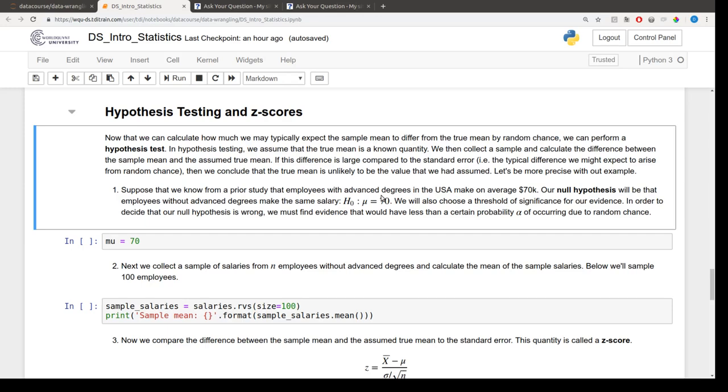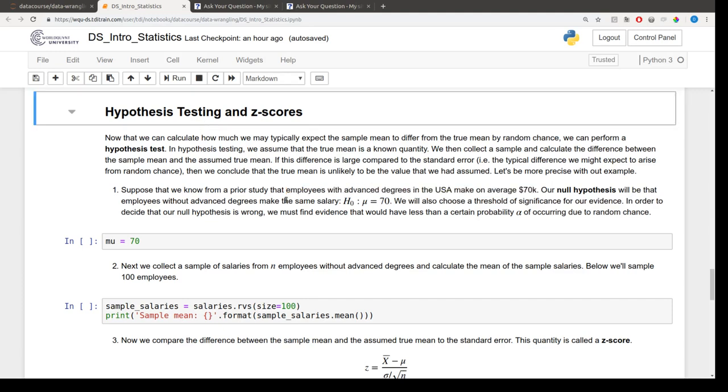So we don't need to base it upon this prior knowledge. We could just assume some average salary for people without advanced degrees. But it makes some amount of narrative sense for me to say, I'm pulling on my prior knowledge of people with advanced degrees. Let's just assume there's no difference. Maybe degrees make no difference.